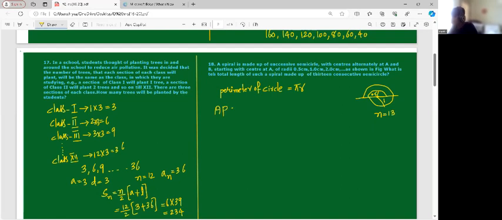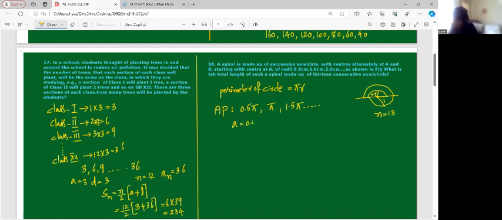First, pi into the first radius 0.5, means 0.5 pi is for the first semicircle. Next, 1 into pi is pi. Next, 1.5 pi, and it is continuing. We will take this as an AP again.